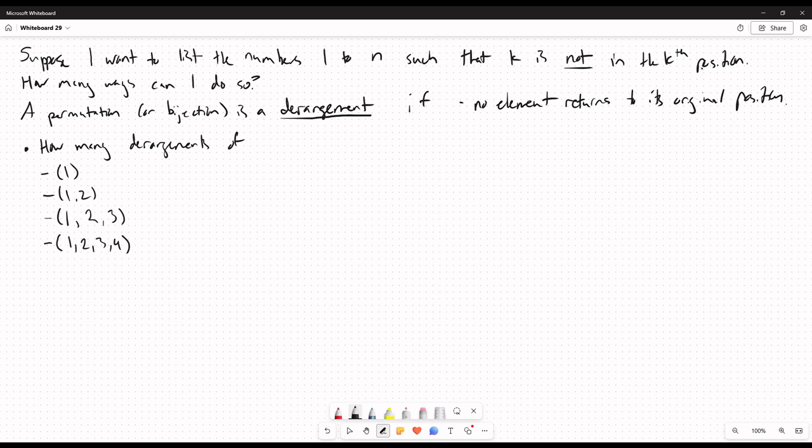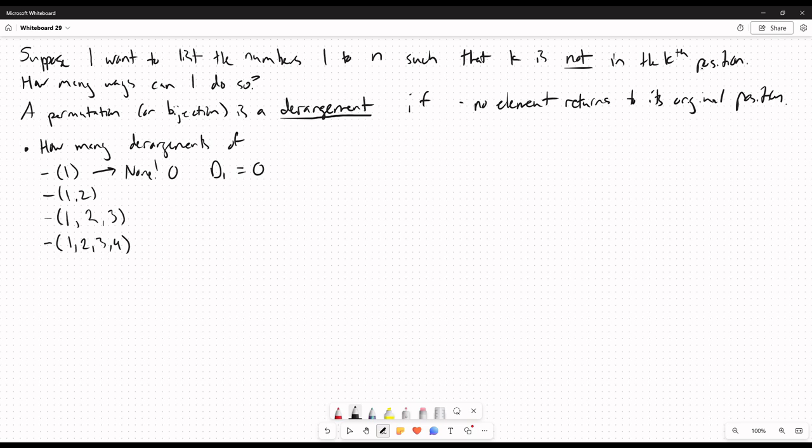So let's go ahead and just get our feet wet with a few examples. How many derangements are there of the sequence 1? Well, none, because if you permute the numbers from 1 to 1, the only place 1 can go is right where it started. So there are none. There's 0. We'll call this number D1 to represent the number of derangements on n objects.